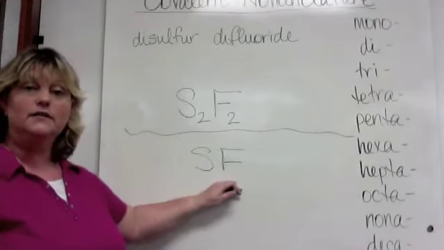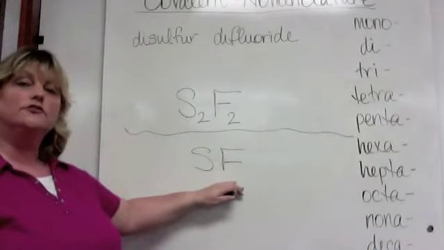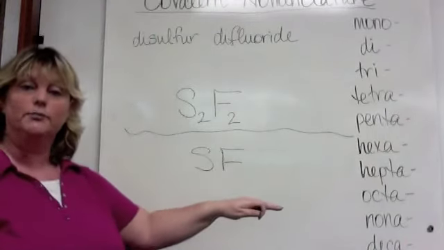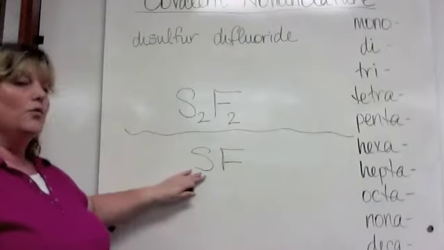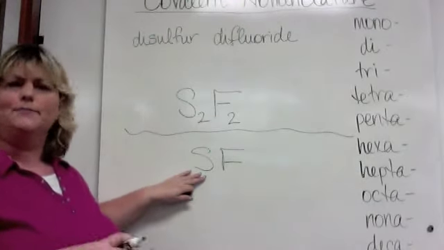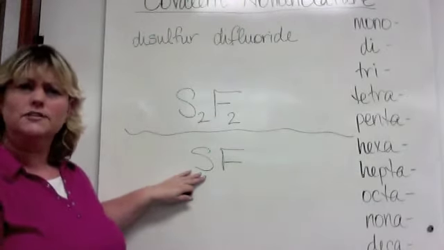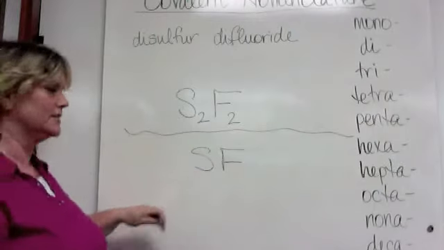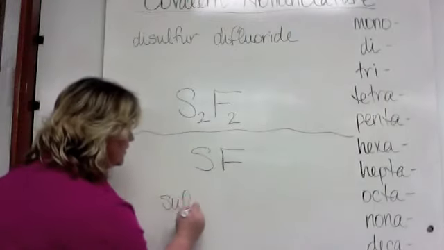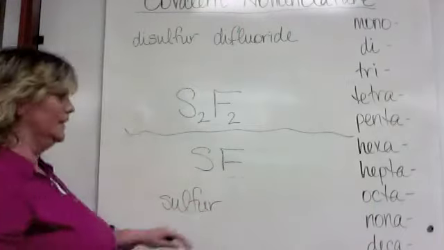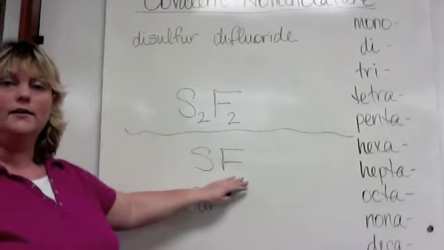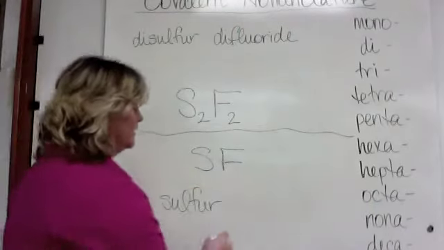Nonmetal with a nonmetal, it's covalent. So then you just name the elements and put the prefixes. 1 sulfur, except if you only have one of the first element, we leave off the prefix. So sulfur. And 1 fluoride, well, mono is 1.